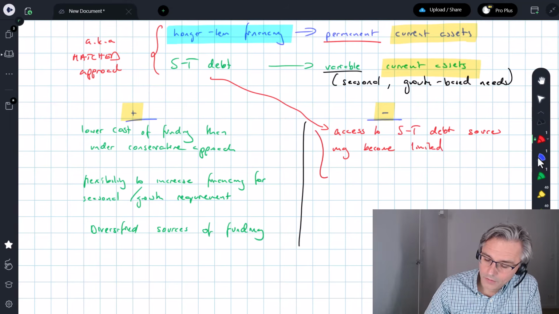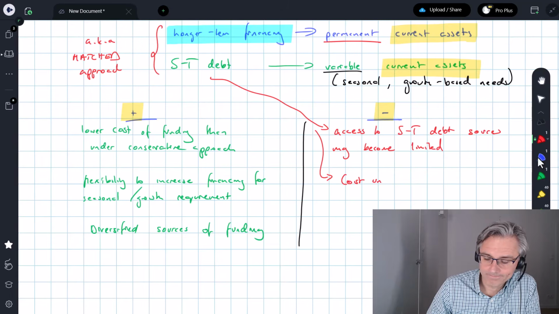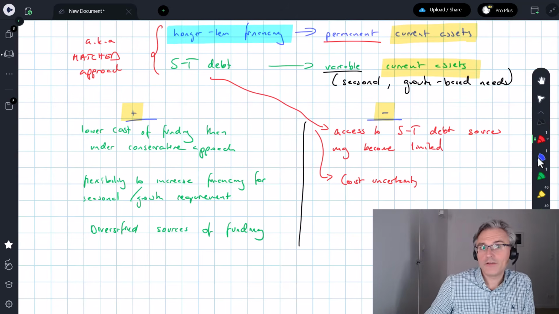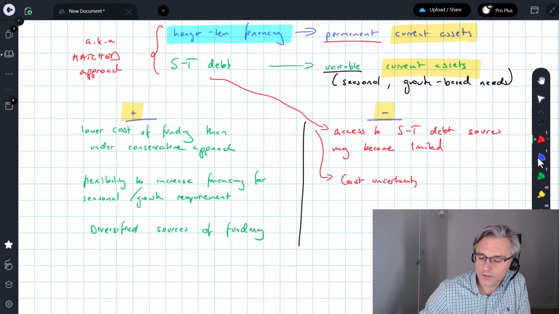Short-term funding always comes with cost uncertainty. We said that before. You have to roll it over using whatever is the current level of interest rates, or accepting the current level of interest rates. So cost uncertainty for short-term funding.